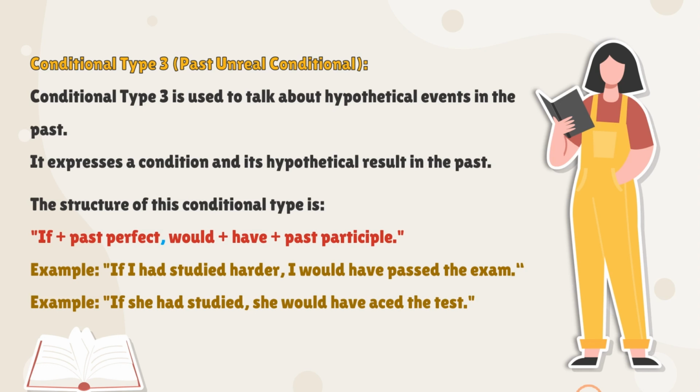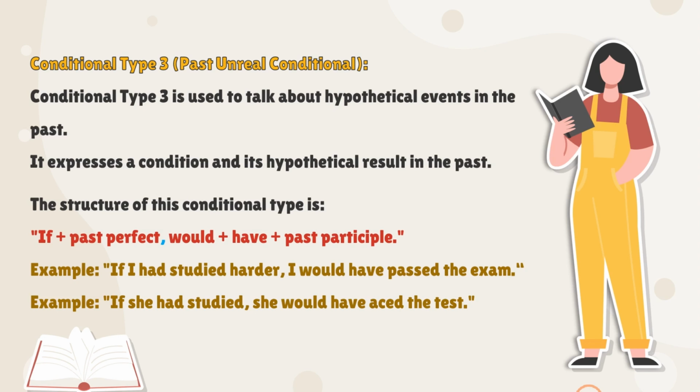So these express a hypothetical event in the past. For example, in example number 2, the condition is if she had studied, and the result or consequence is she would have aced the test. It suggests that she didn't study, and as a result, she didn't perform well on the test.